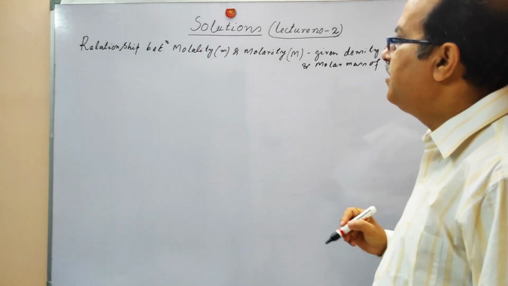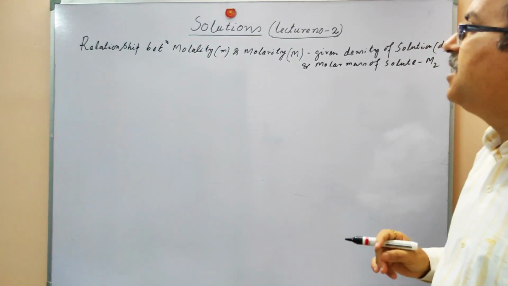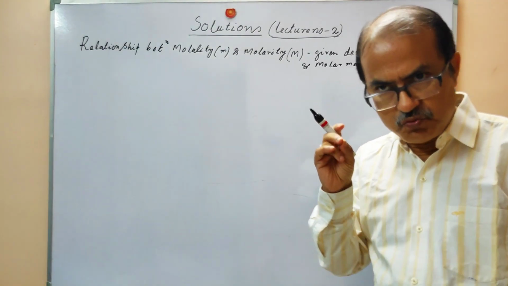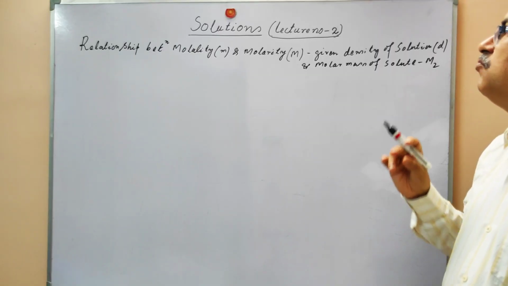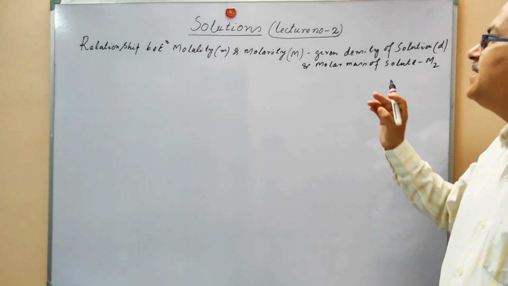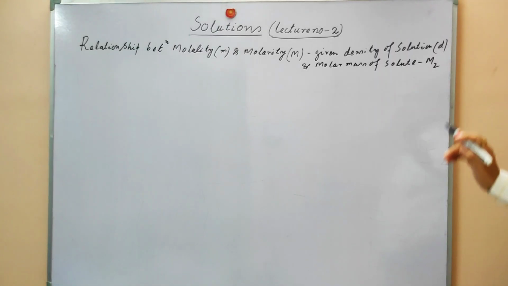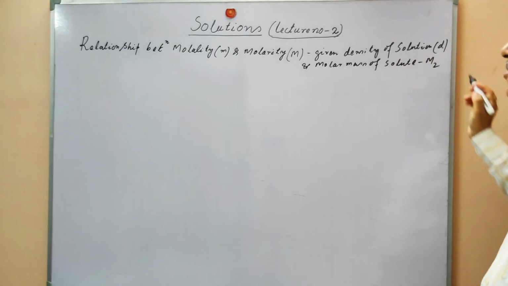Here you have to derive the relationship between molality small m and molarity capital M, given the density of the solution D and the molar mass of the solute M2.